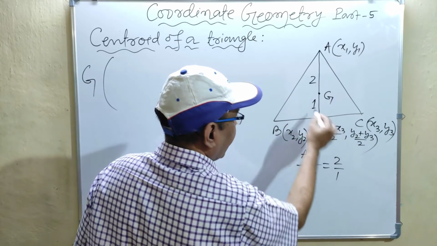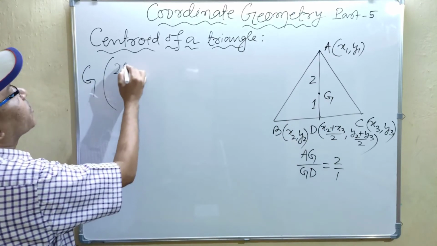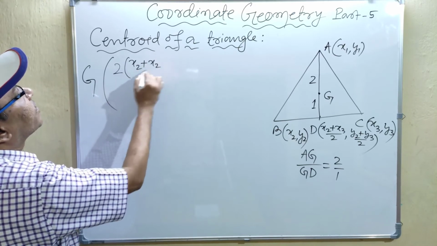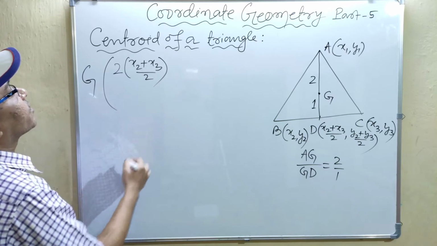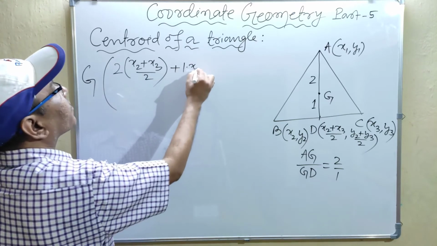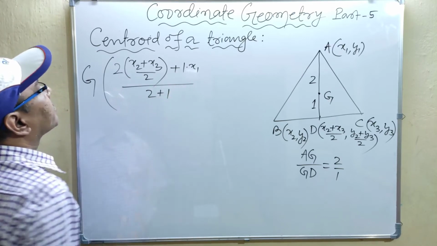In mx2 plus nx1, x2 means this is your x2, in place of x2 we put x2 plus x3 by 2. So mx2 plus nx1, x1 is x1 itself, by m plus n means 2 plus 1.